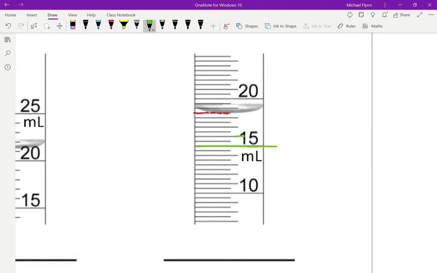This is 16, 17, 18, 19, and then finally 20 is up here. So the small tick marks go up by 0.5s, and the larger tick marks are going up by 1s: 15, 16, 17.